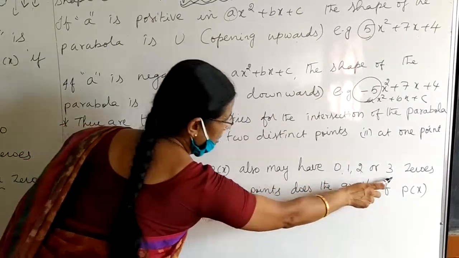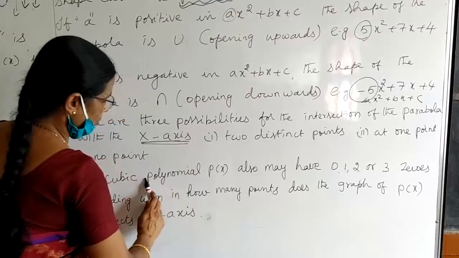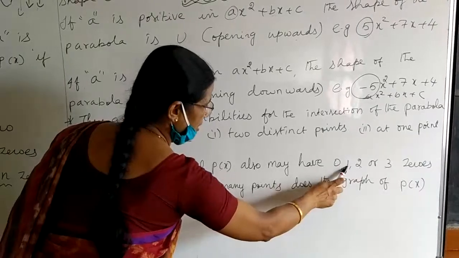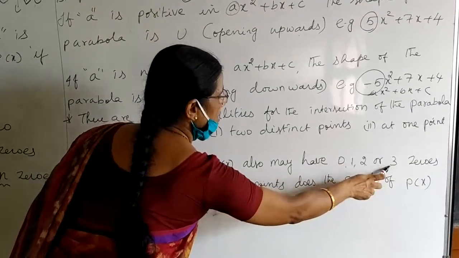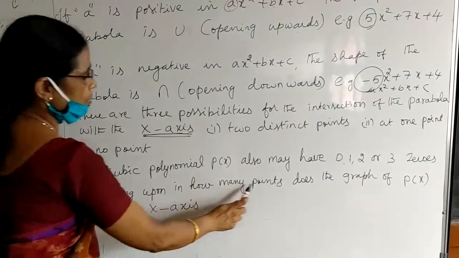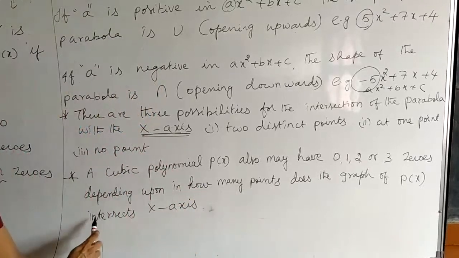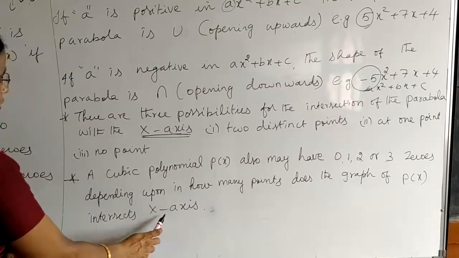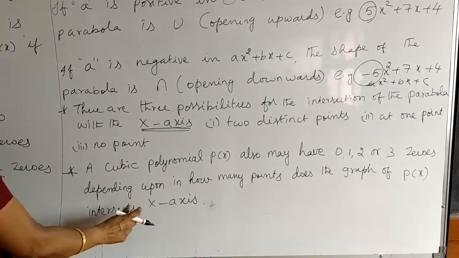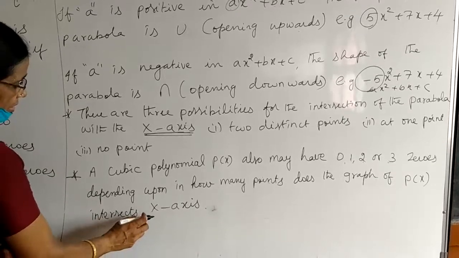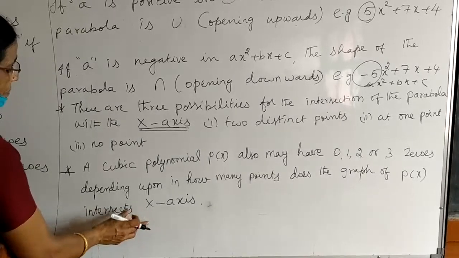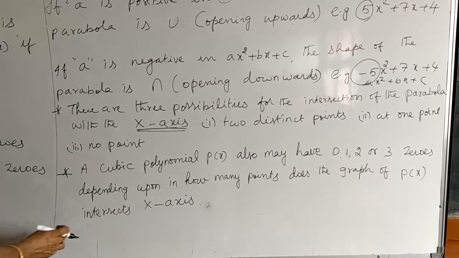So maximum will be 3 zeros only because it is a cubic polynomial of degree 3. It cannot be more than 3, depending upon in how many points the graph of P(x) intersects the x-axis. So when the graph is given, how to identify the number of zeros? We should check the graph intersects only x-axis, not to see y-axis, only x-axis. In how many points the given graph intersects x-axis, that gives the number of zeros.